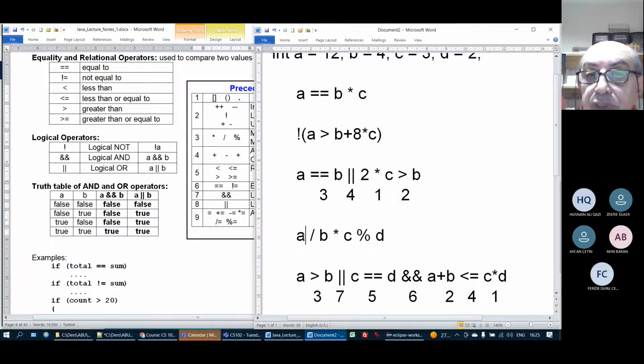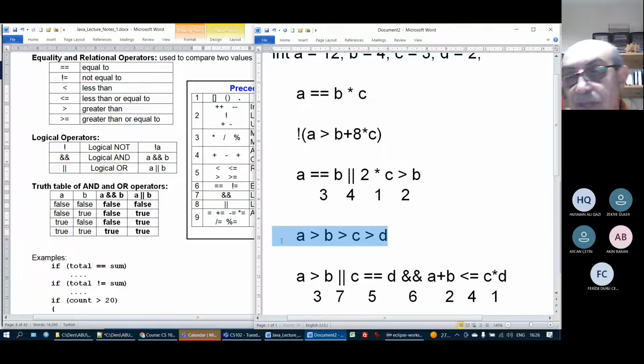So first, the division will be done. A will be divided by B. A result will be found, and then it will be multiplied by C. A result will be found, and then modulus D will be performed. Okay? But the same case doesn't apply to greater than or similar things. We cannot do this. Okay, we cannot do something like that. It's not allowed in Java.